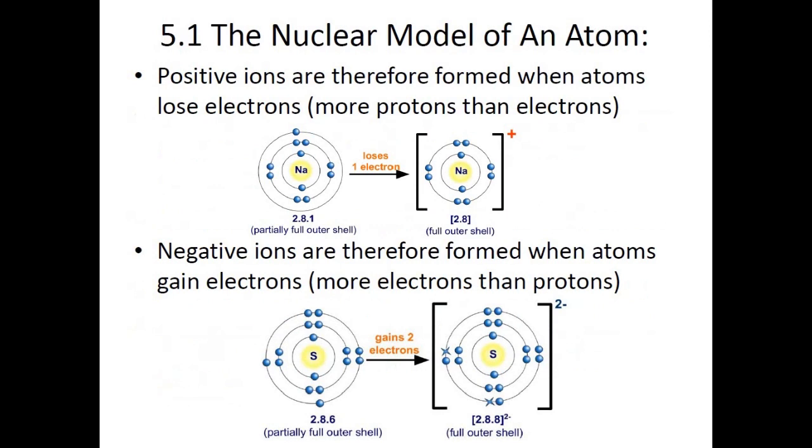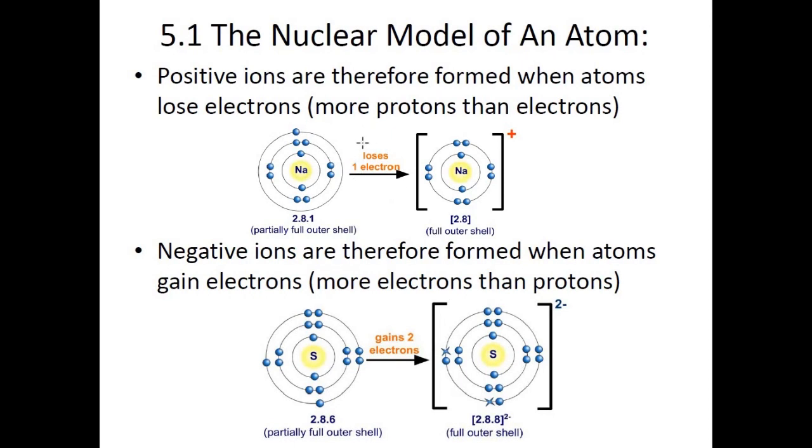Positive ions are therefore formed when atom loses electrons, so overall it would be having more protons than electrons. For example, this is a sodium atom in its natural form, and as you can see, it is having 11 electrons in its outer shells, and that means there would be 11 protons present in its nucleus.